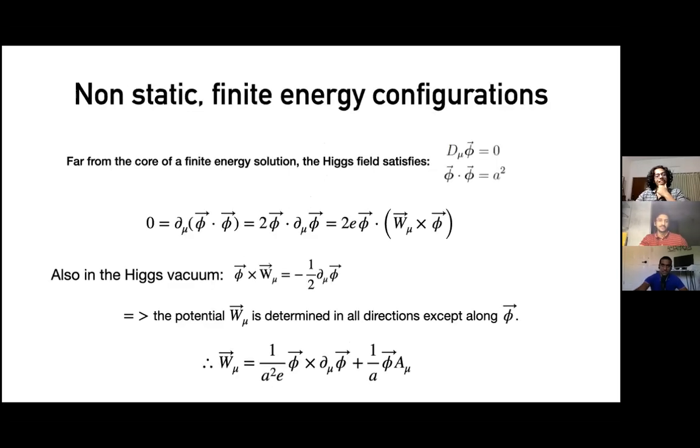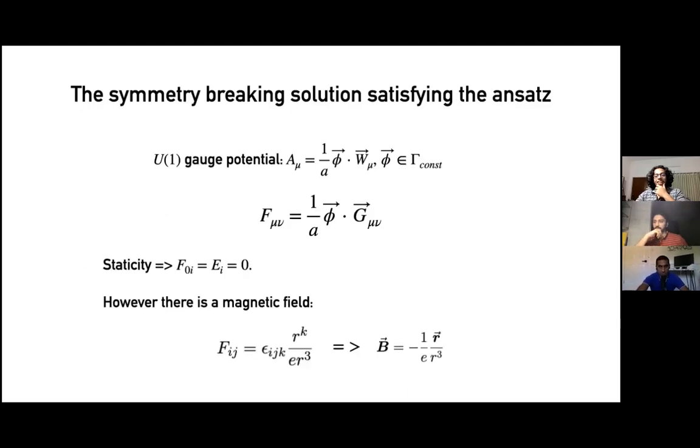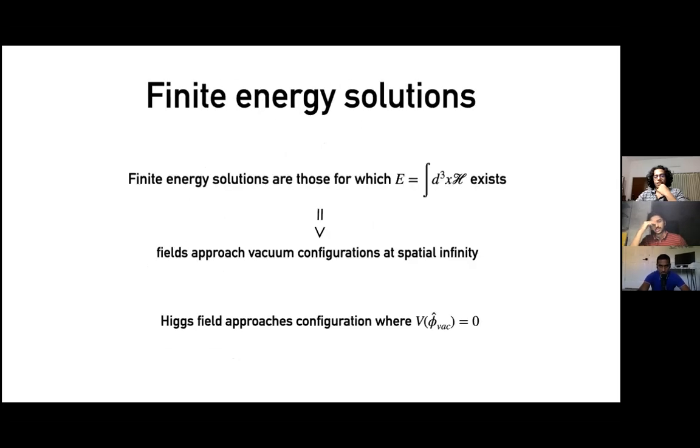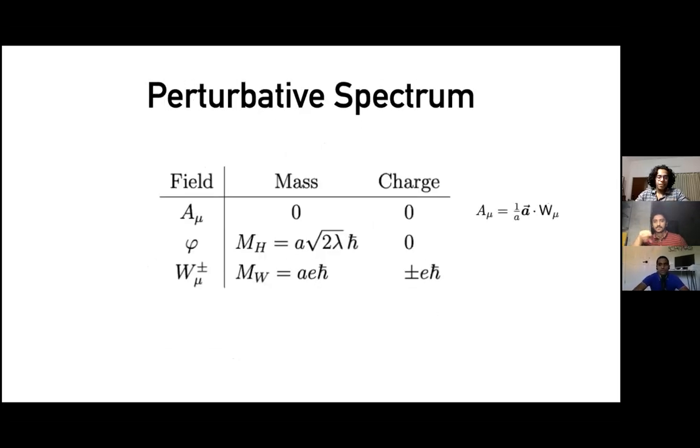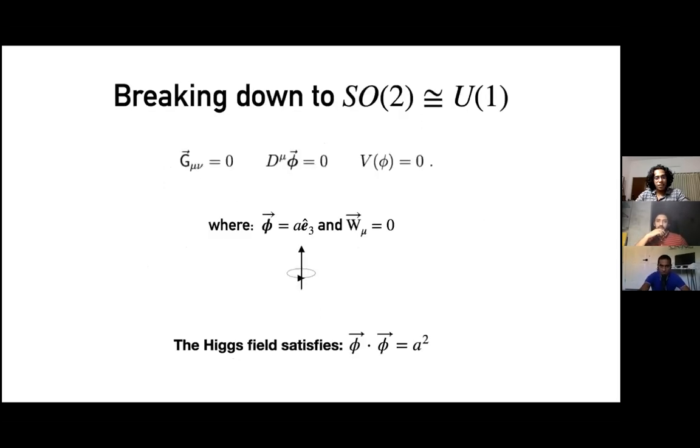Very curious. Wait, can we go back to the form of the gauge potential and how we arrived at that? Right. So for that, if you really wanted to go through with the exercise here, you'd find it. And this is why I said that A mu is going to be A dot W. So where would that come from, you could wonder, right?